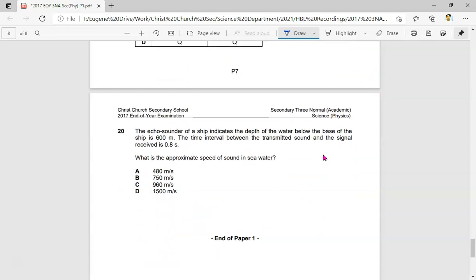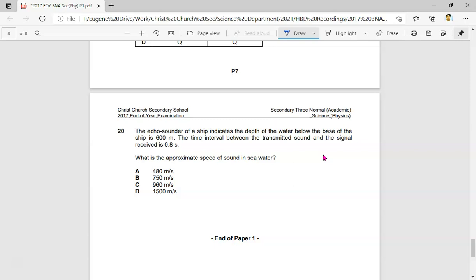Last one, question 20. An echo sounder of a ship, most probably this is talking about echo already, indicates the depth of the water below the base of the ship. The echo sounder indicates the depth of water below the base of the ship is 600 meters. The time interval between the transmitted sound and the signal received is 0.8 seconds. What's the approximate speed of sound in the sea?